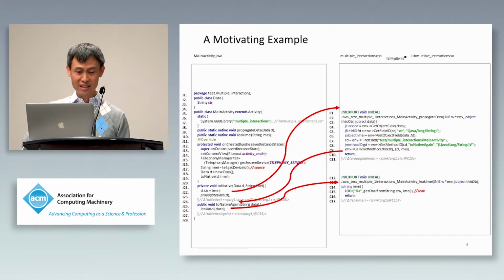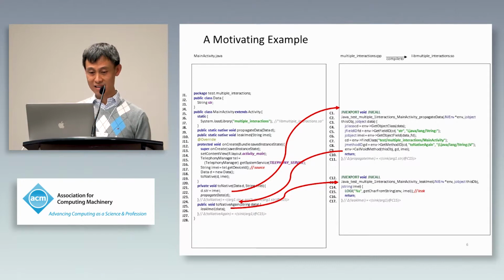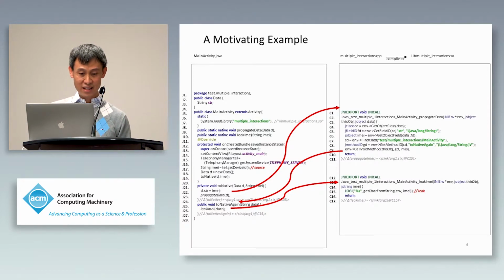I'm not going to go through the detail, but what happens is, if you look here, the source in this case is the IMEI, an ID for the device, and that information first gets used to call the function toNative right here, and then that function will call another function called propagate data, which is actually defined in the native part of the app, so that data gets passed here.